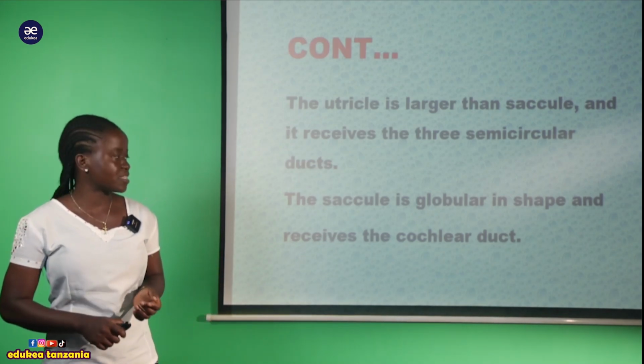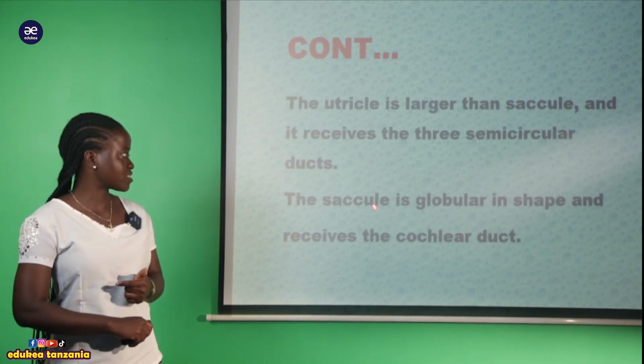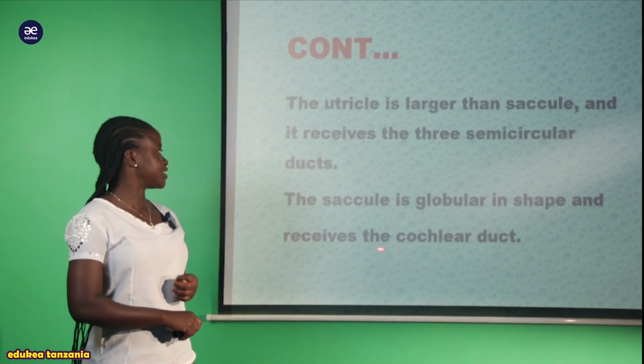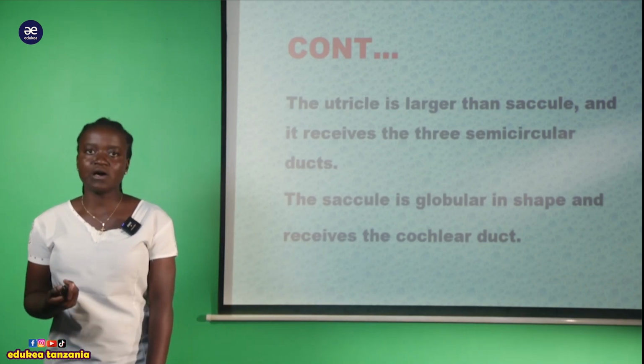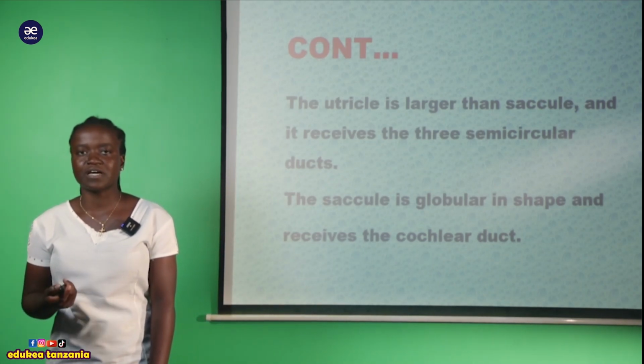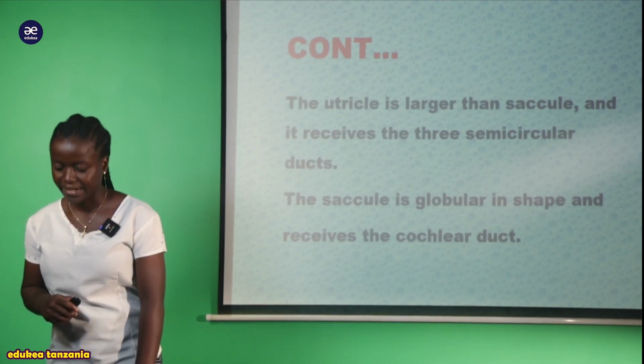It is the same as the saculi in shape. And also the saculi receives the cochlear duct. We're going to see how the saculi receives the cochlear duct in the structure of the vestibular apparatus.